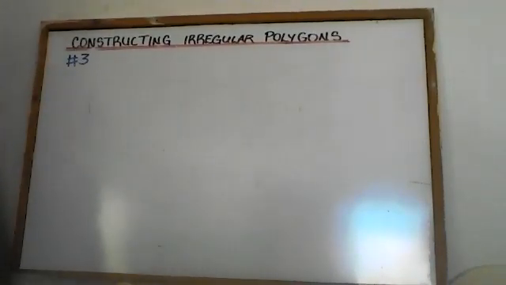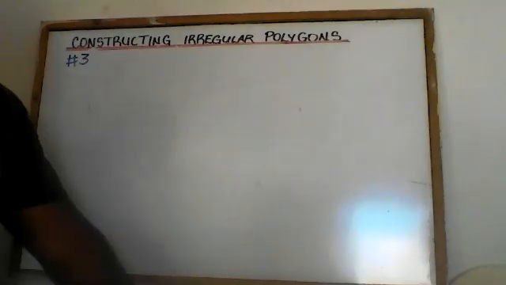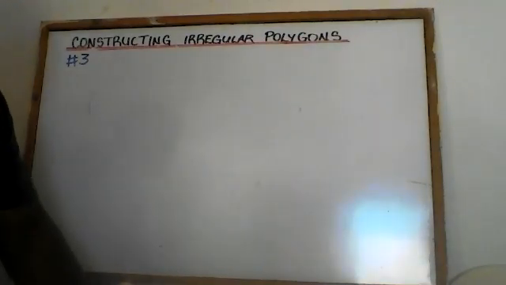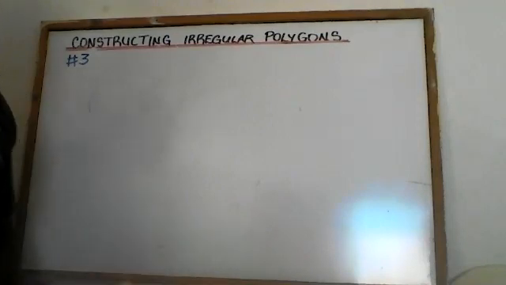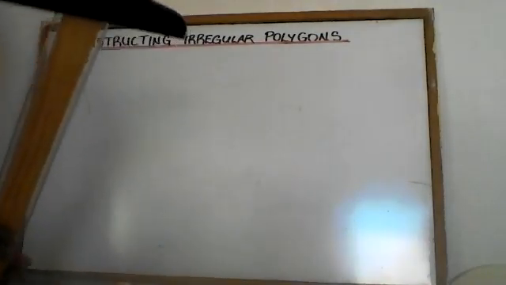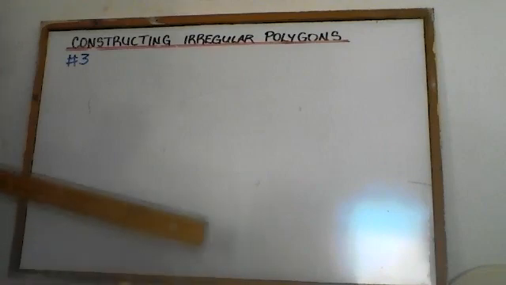The final one in this week's lesson is also an irregular pentagon that's a little bit more complex, but basically the principle is the same. Once again, we're going to start with the basic principle that I've demonstrated for the previous 2. We're going to draw the base KL equal to 50 millimeters.